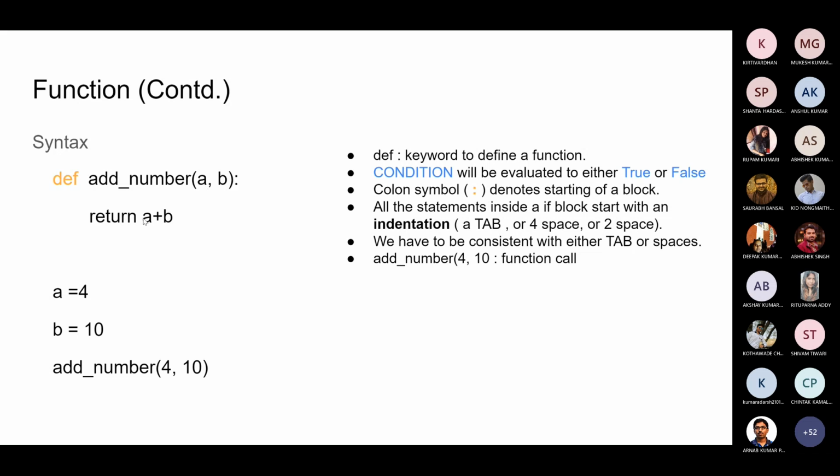We are returning a value from the function, but it is up to us whether we want to return something or not. It is not necessary to have a return statement inside a function. Here we are defining a equal to 4, b equal to 10, and calling add_two_numbers(4, 10). In this way, we are calling the function.